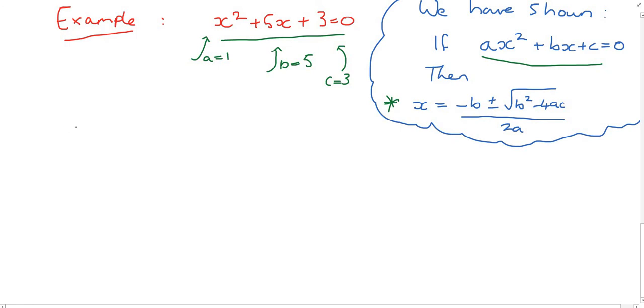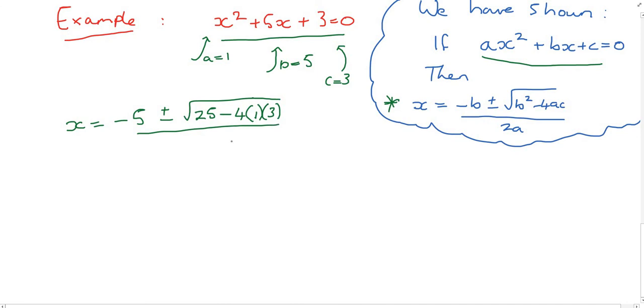So this will give us that x equals minus b, so that's minus 5, plus or minus the square root of b squared, which is 25, take away, and it's important to bracket here, so 4 times a is 4 times 1, times c is 3, and we're dividing by 2 lots of a. In this case a is 1, so it's just 2.